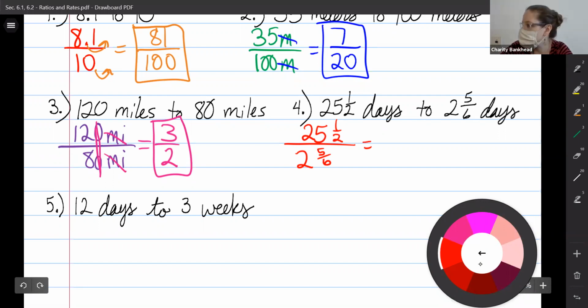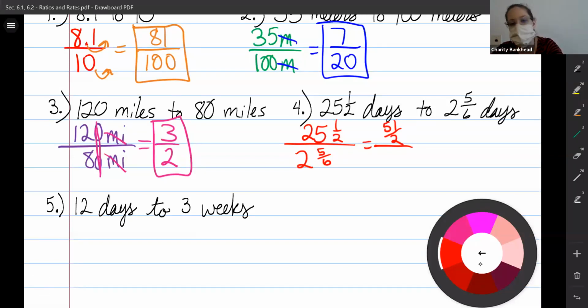All right, so the first thing I'm going to do is change both of those into improper fractions. So 2 times 25 is 50, plus 1 is 51, so that's 51 over 2. And then 6 times 2 is 12, plus 5 is 17, so that's going to be 17 over 6.